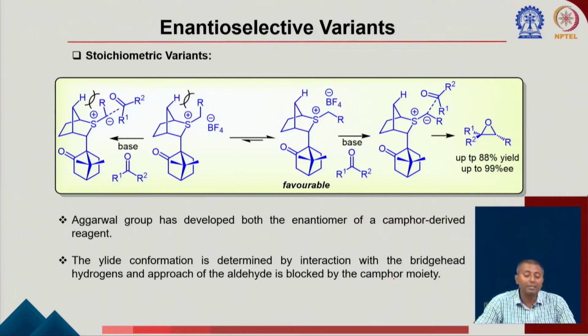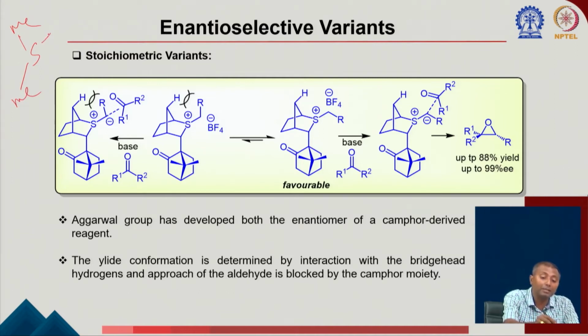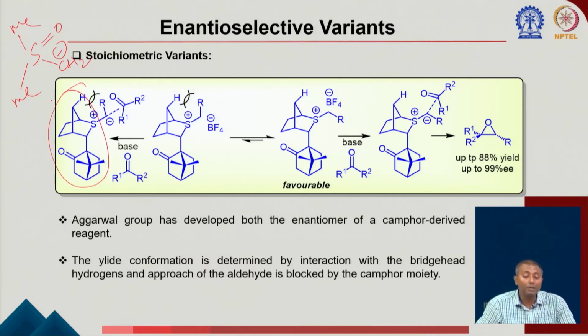There are enantioselective variants developed by the Aggarwal group, where they are able to generate this starting from this chiral compound. Now you can see we previously talked about sulfur with two methyls, correct. So we talked previously about sulfur with methyl and generation of CH2 minus, but here we are talking about a chiral compound, and not only that, there is another important factor here.